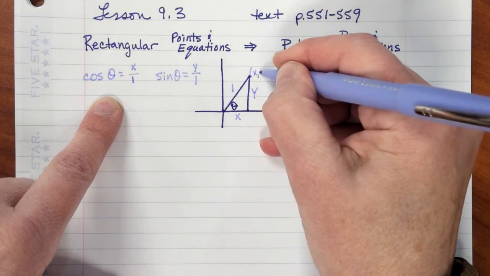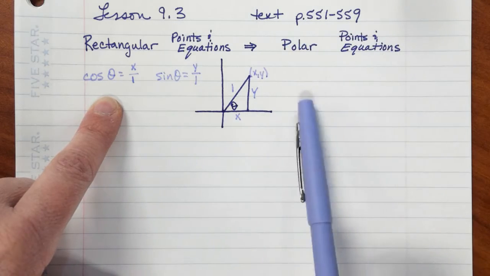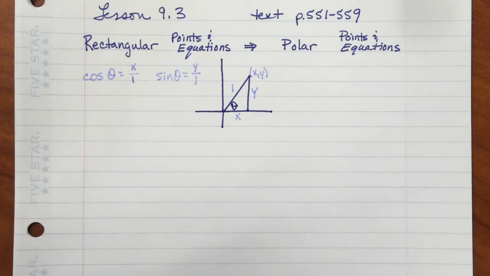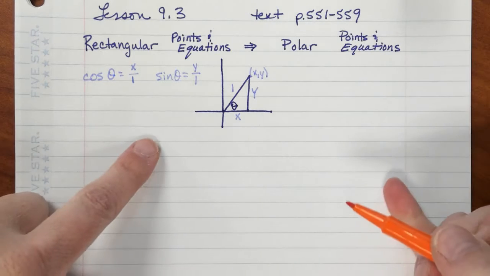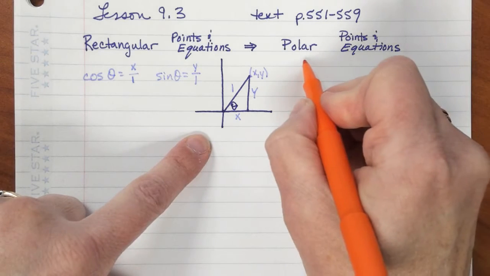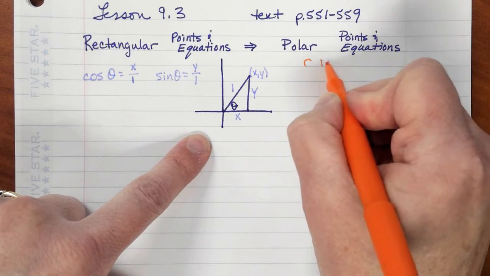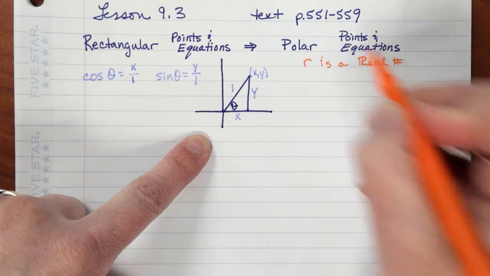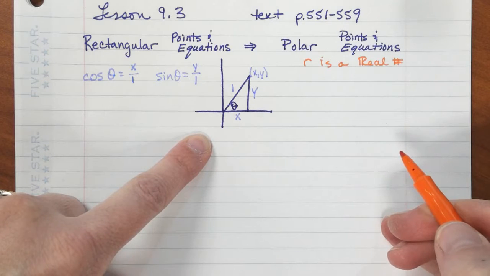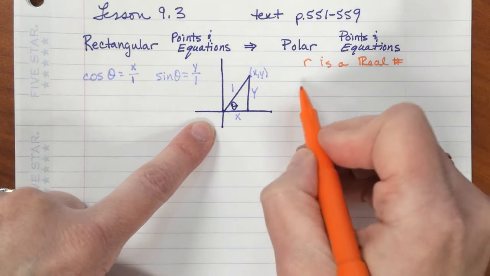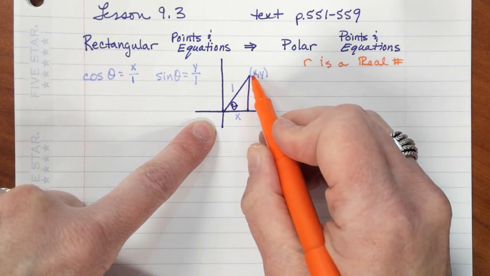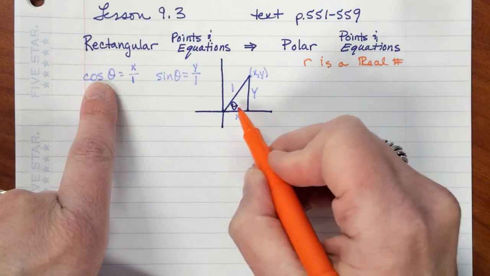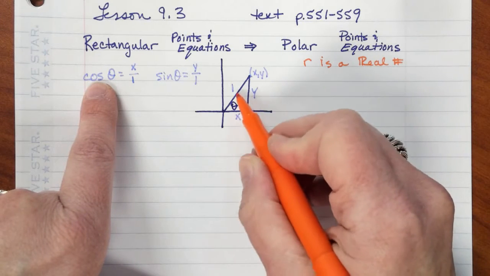Let's just do this little point right here. We have an x and we have a y. When you're in the polar coordinate system, with polar points and equations, the r will vary. Here, r is a real number, so it's not just 1. Here we would do cosine would be x over 1.